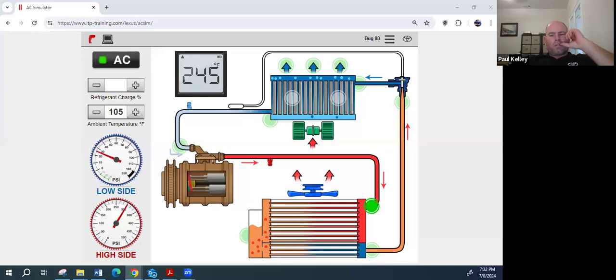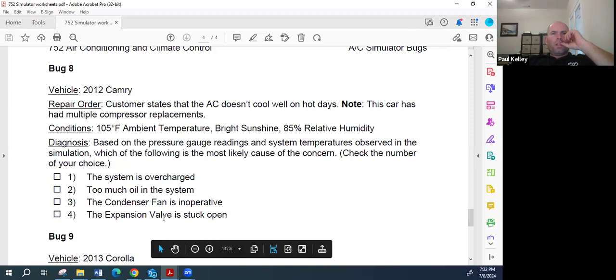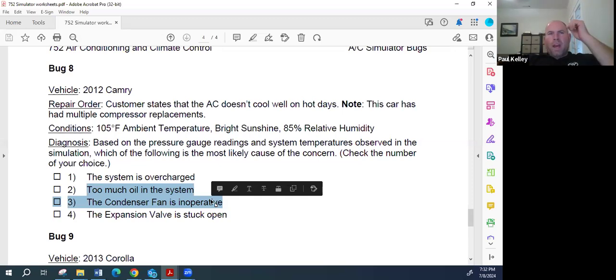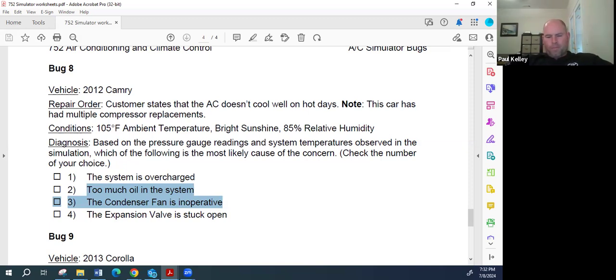I think we can eliminate those. I think we can eliminate overcharged. So if we can eliminate 4 and 1, that leaves us with 2 and 3 as a possibility. Now, how could we eliminate the condenser fan thing? First off, on a real car, how would you know if the fan works or not?